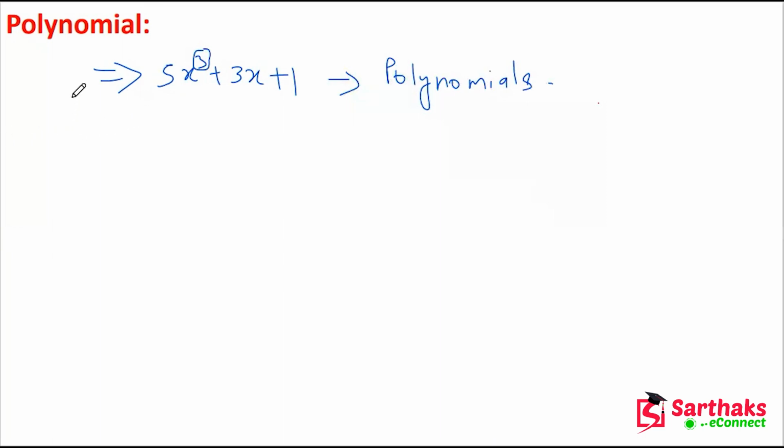Now another example is 2x plus 3 under root x. Is this a polynomial? Of course not, because the power of x is 1 by 2. Polynomials are those algebraic expressions which have exponents that are whole numbers, and this is not a whole number.